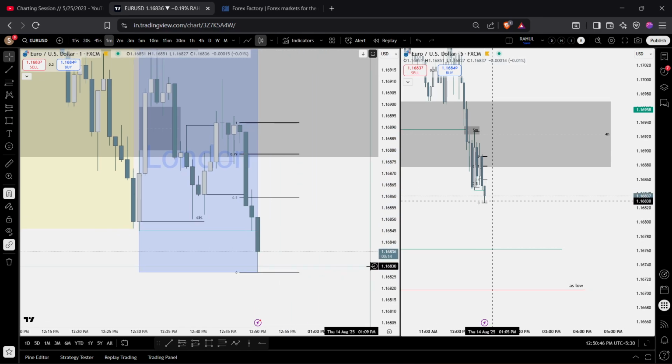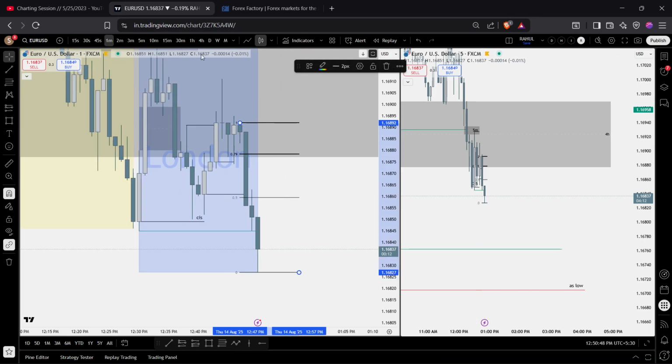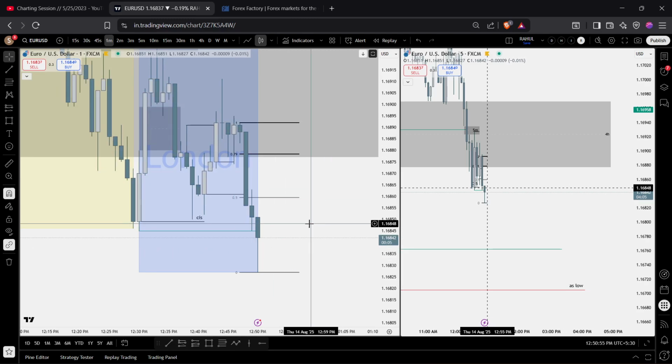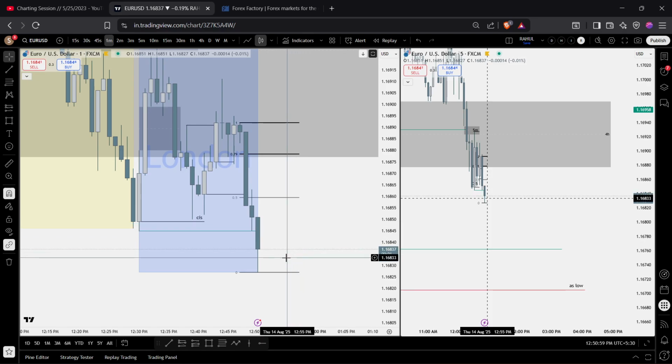50%. We are not getting displacement. This is a sweep.